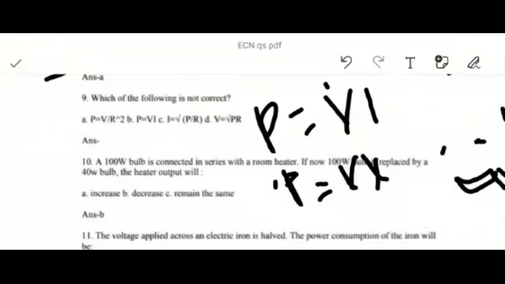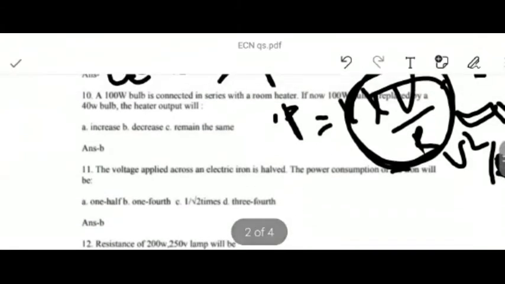It is not correct. Now in the 10th question, a 100-watt bulb is connected in series with a room heater. If now the 100-watt bulb is replaced by a 40-watt bulb, it means a low power consumption bulb, then the heater output will be.